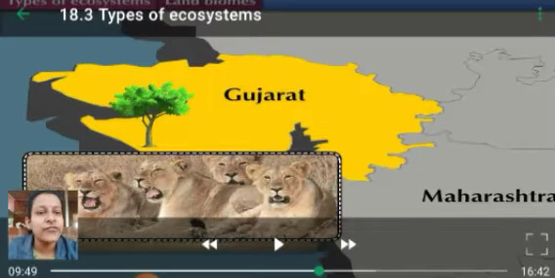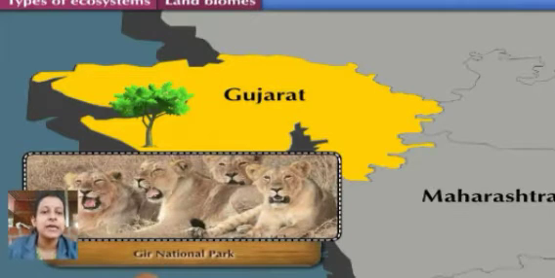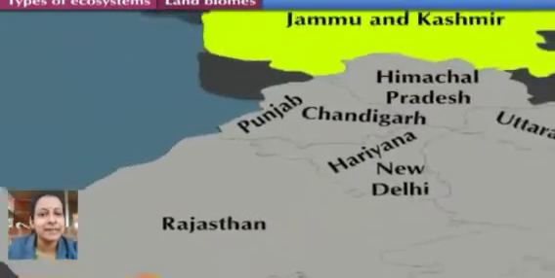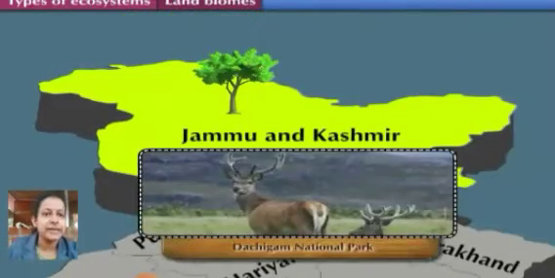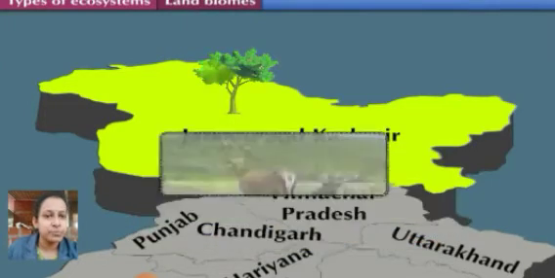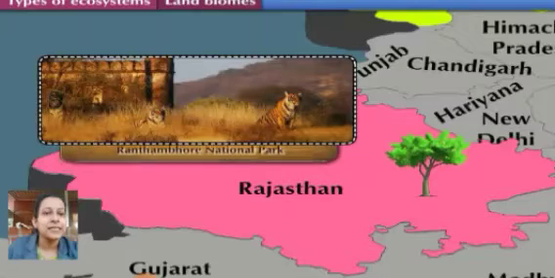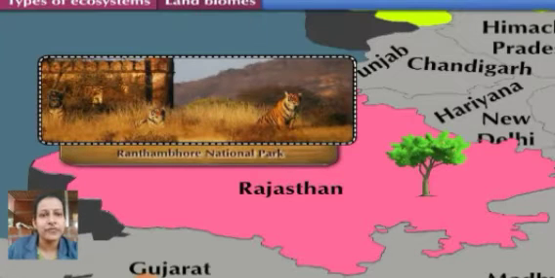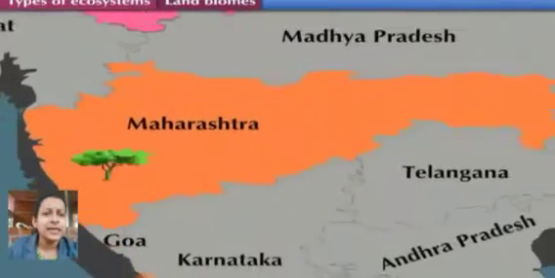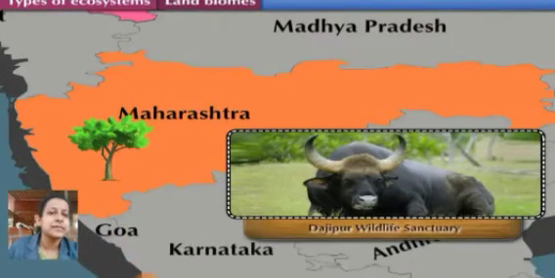The first one here you can see is Gir National Park in Gujarat, wherein the lions are protected. Then the Chingam National Park is in Jammu and Kashmir. Then we have Rajasthan's Ranthambore National Park for the tigers. The next one is in Maharashtra, that is Dajipur Wildlife Sanctuary for the bison.